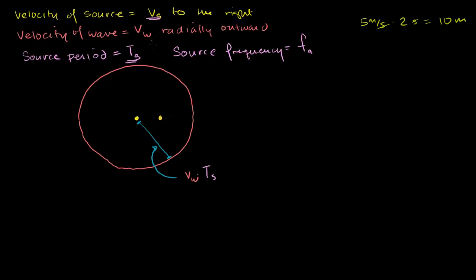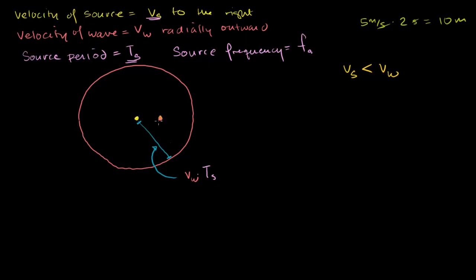And in this video, we're assuming that the velocity of our source is strictly less than the velocity of the wave. Some pretty interesting things happen right when they're equal, and obviously when it goes the other way. But we're going to assume that it's strictly less than. The source is traveling slower than the actual wave. But what is this distance? Remember, let me do it in orange as well.